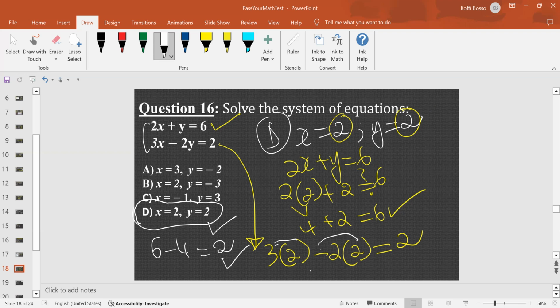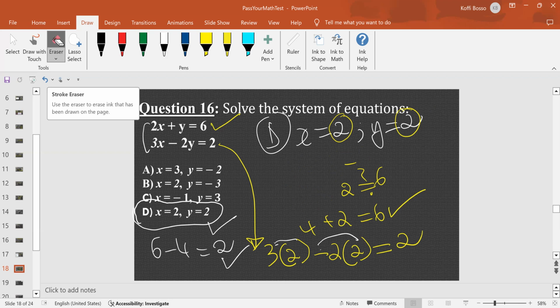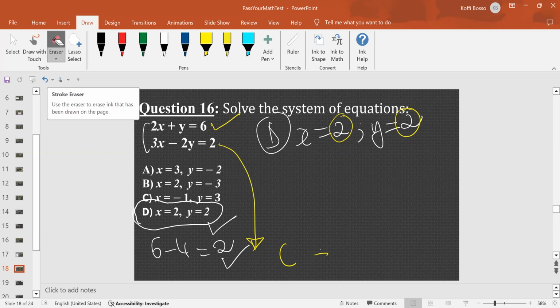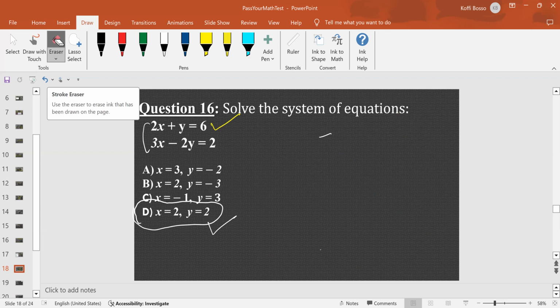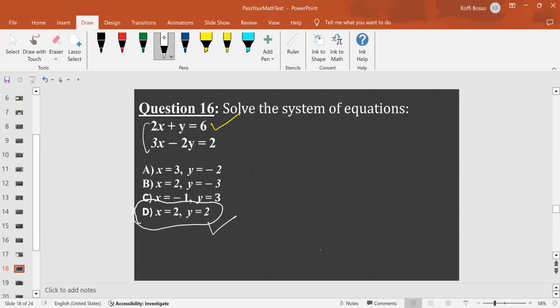Now let's show you how we could use the system of equation method without using this to check one by one. Okay, in that case, to solve a system of equation itself, in case it's not a multiple choice, or in case you want to do it fast, what we'll do is this. We have two methods, more than two, okay: addition, substitution, graphing.